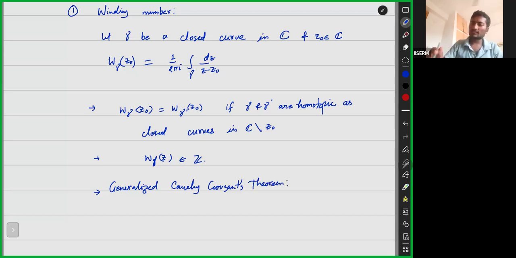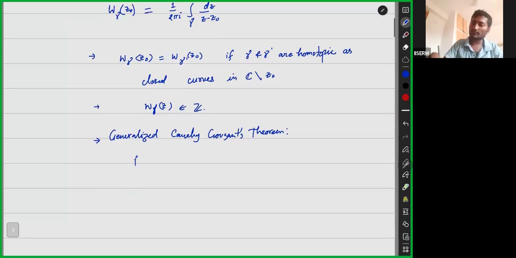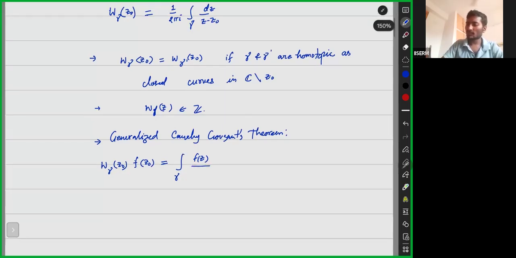It was defined as f of z naught is equal to the integral of f(z) over gamma, where gamma is any curve which winds around z naught once. So here the one was hidden, but in the generalized version there comes a new multiple of f of z naught, which is equal to the integral over gamma of f(z) over z minus z naught dz.